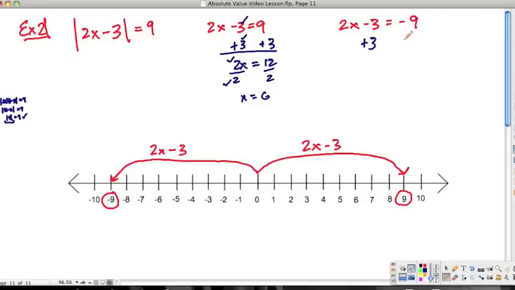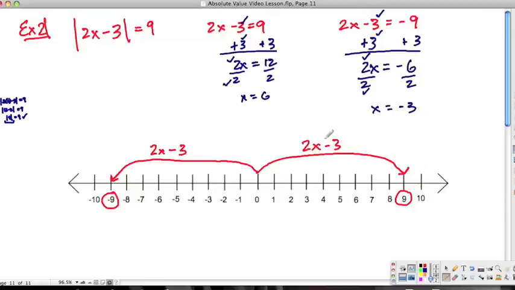Add 3, add 3. 2x equals negative 6. Divide by 2, divide by 2, x equals negative 3.